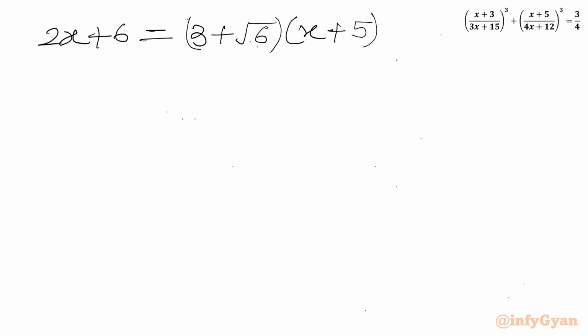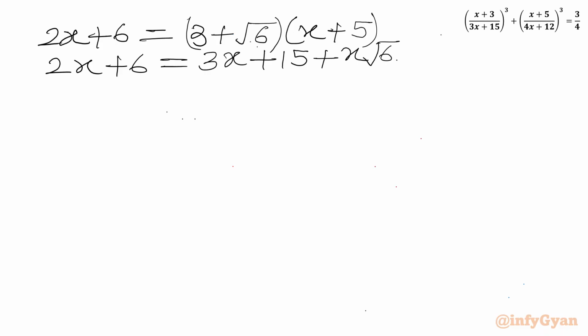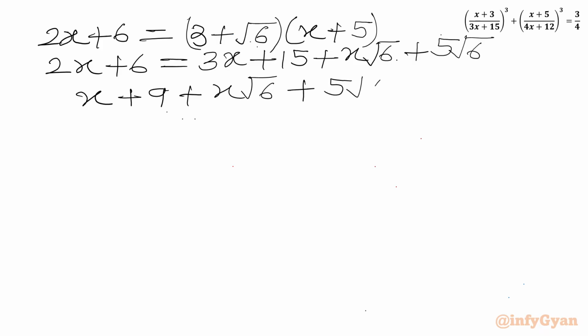Let's solve this equation first. So I will write 2x plus 6. This will be equal to 3x plus 15 plus x root 6 plus 5 root 6. So I will take all the terms to the RHS. I will get 3x minus 2x, x, 15 minus 6, 9, plus x root 6 plus 5 root 6 equal to 0.